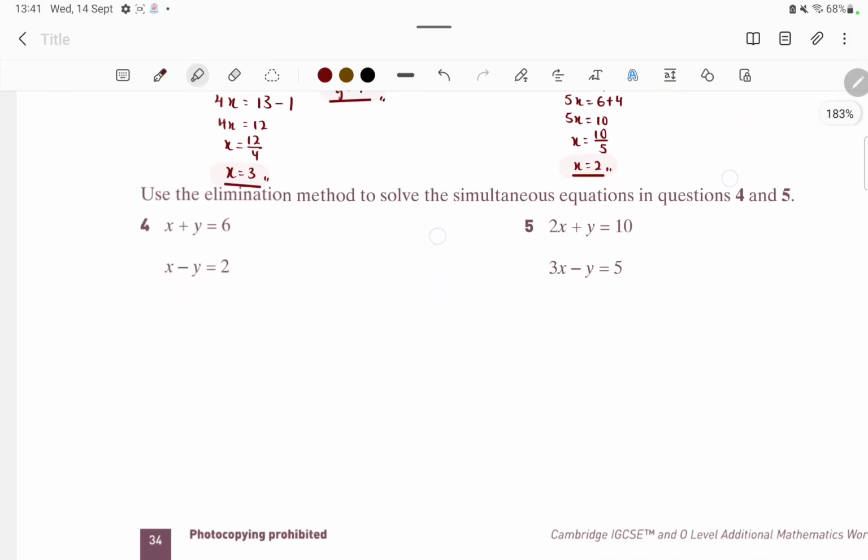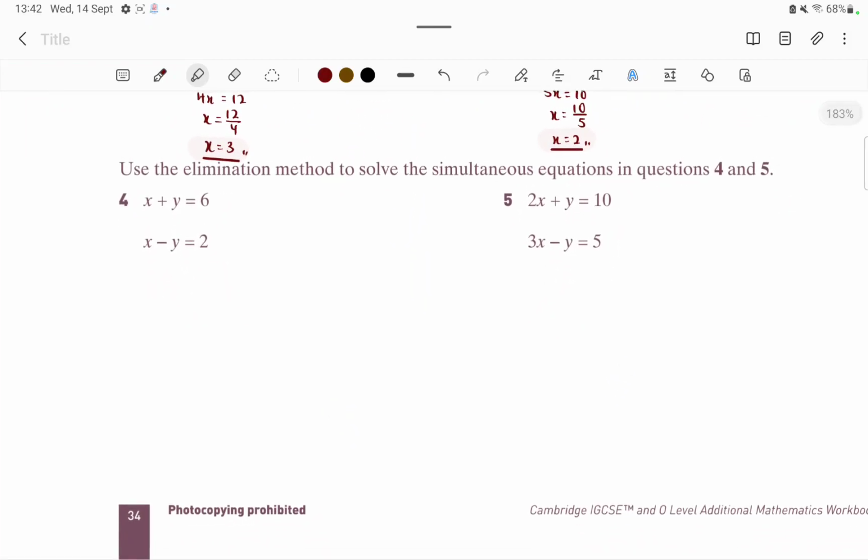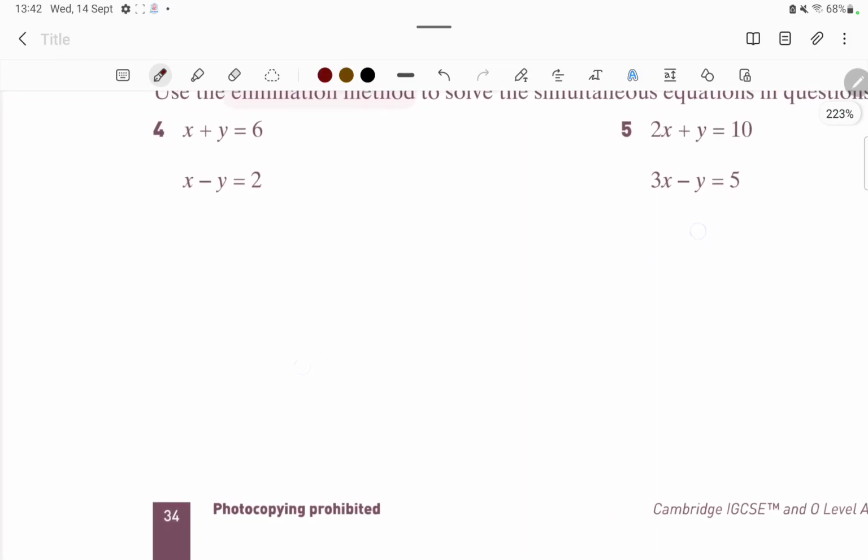Okay, let's look at this one. They ask you to use the elimination method. Elimination means we straight away use one equation plus or minus the other equation. Okay, so let's see number 4.